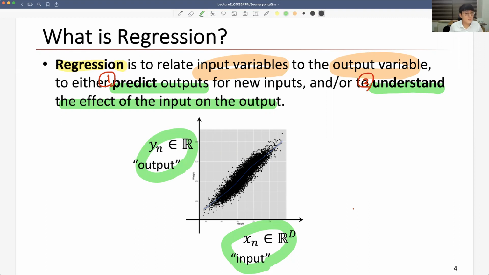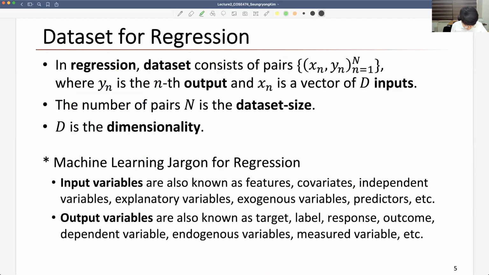So in the regression problem, we want to find the continuous mapping function between x_n and y_n. So let's see the data set first. To understand the regression problem, we have to define the data set first. In regression, the data set consists of pairs of x_n, the input variable, and y_n, the output variable, for n equal to 1 to capital N. This is our training data set.